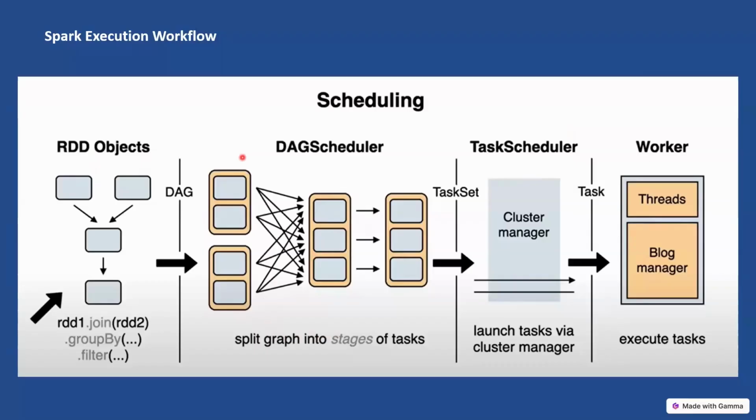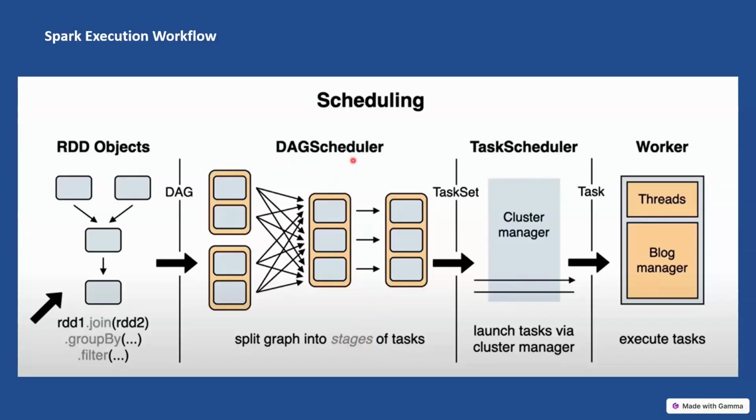So there is a DAG scheduler, which takes that DAG and splits it into stages and tasks. So I mentioned earlier that each of your jobs gets split into stages and tasks. That is what your scheduler creates.